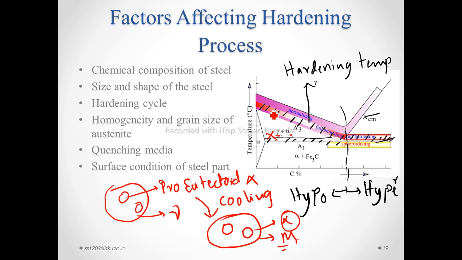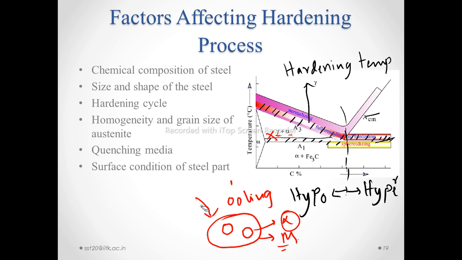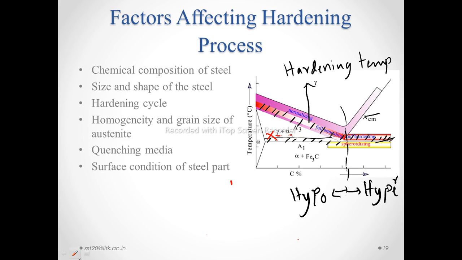Instead, we heat above the A3 line, where we can get a completely austenitic phase. From there, with sudden cooling, you will get a complete martensitic structure.